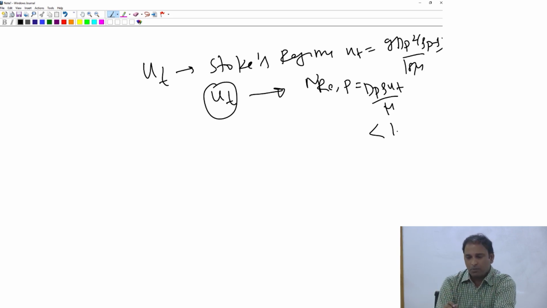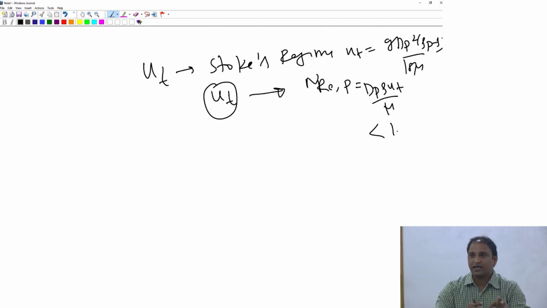But that need not be the case all the time, right? You can end up with a Reynolds number which could be more than 1, it could be more than 1,000. So you come up with a dilemma as to whether I should be using the Stokes regime or the Newton's regime. So what you can do is come up with a simple non-dimensional number which can help us identify the settling regime without this guesswork.